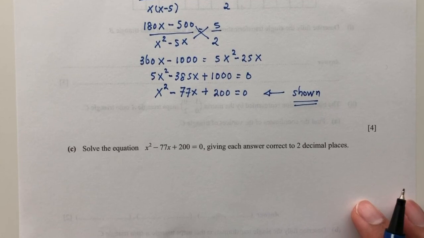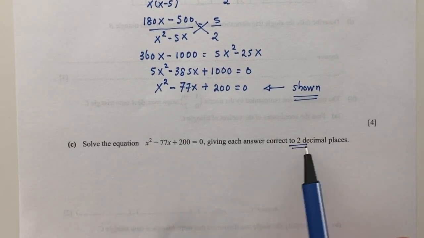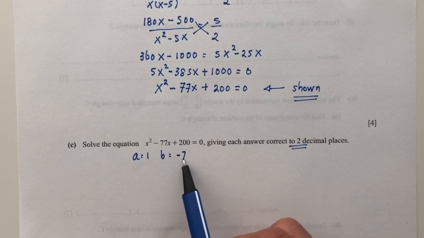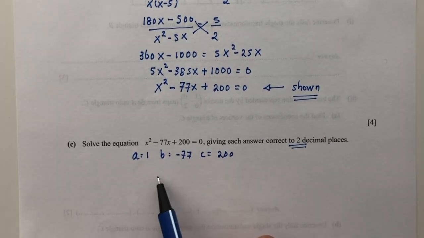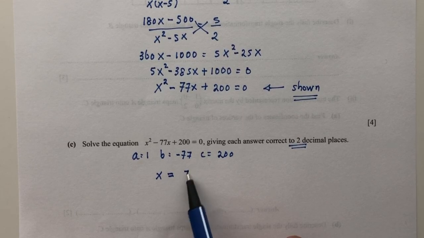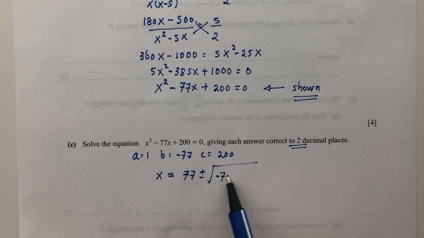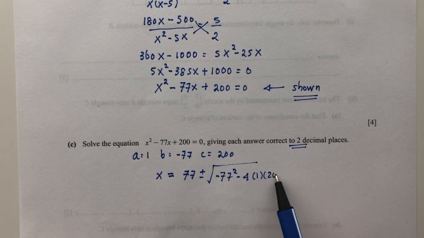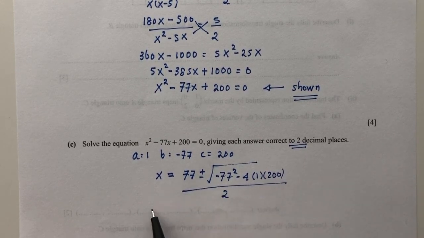Now moving on to part C, solve the equation, giving your answer correct to 2 decimal places. So A is 1, B is minus 77, C is 200. So x will be what? x is equal to minus b plus minus square root of b squared minus 4 times a times c, now divide by 2a, which is 2.